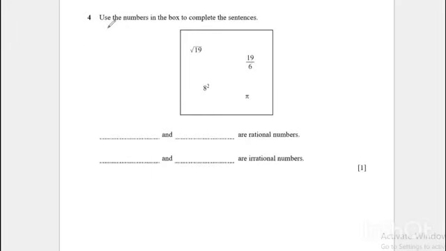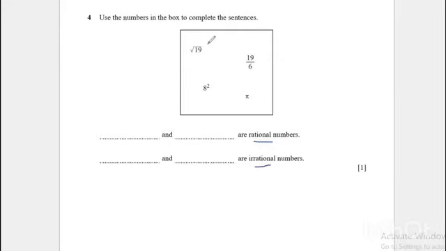Now we'll solve question number 4. Use the numbers in the box to complete the sentence. Here they are talking about rational and irrational numbers. All those numbers which can be written in the form of a over b or p over q are called rational, as well as recurring and terminating decimals. Whereas non-terminating, non-recurring numbers, which cannot be written in the form of a over b, are called irrational.